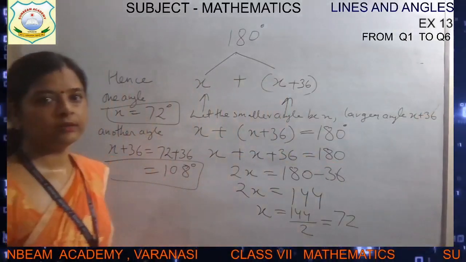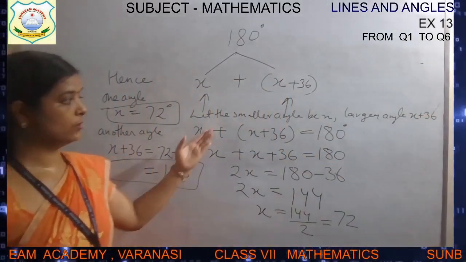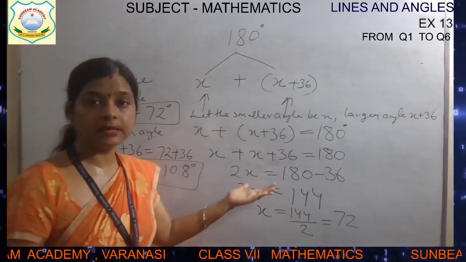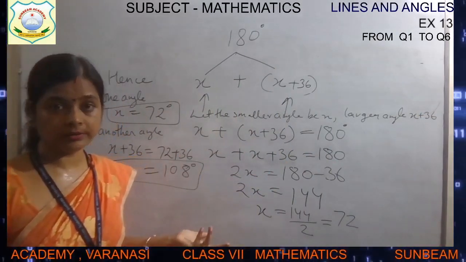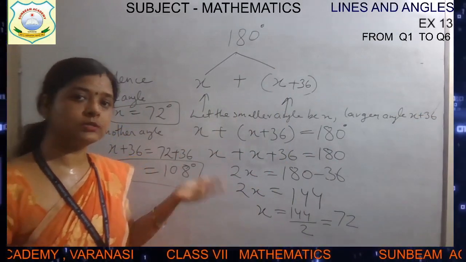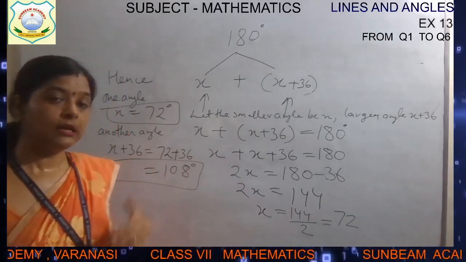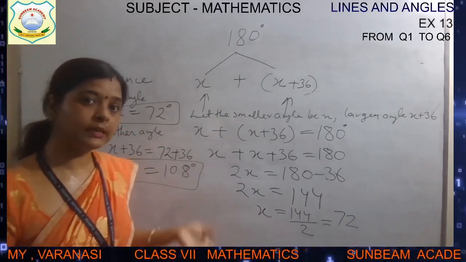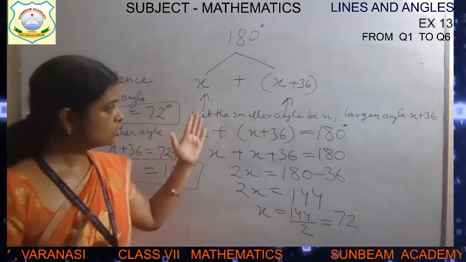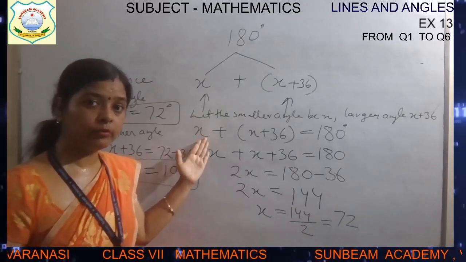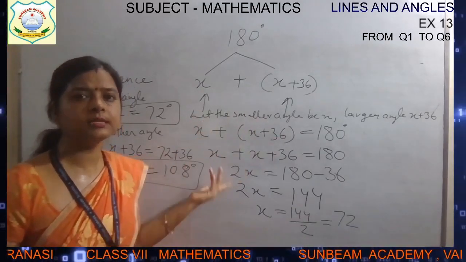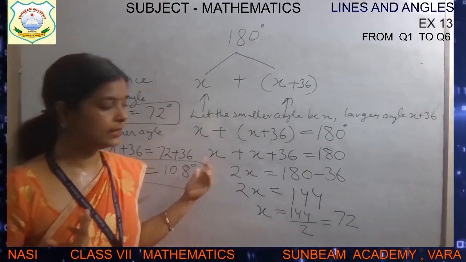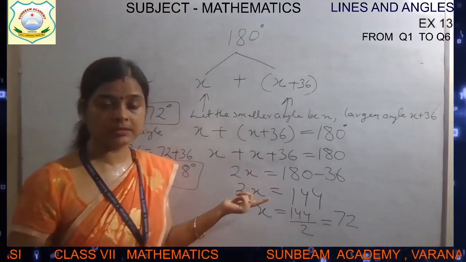In this way you will write down, because what is x, what is x plus 36, it is not given in the question. They said that one is smaller and one is larger. The larger is 36 more than the smaller. That is what they have given. So we have to assume x and x plus 36 before writing. Where did this come from? From where did you find out that x and x plus 36 are there?